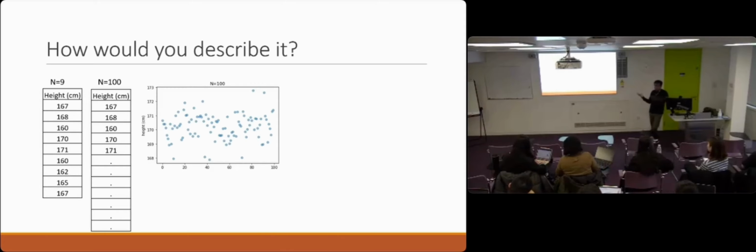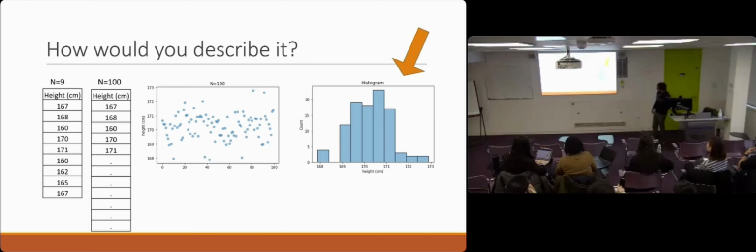So one thing is you just plot them, right? You can plot all the 100 numbers, and almost everything is visible here. What's the minimum, what's the maximum, where is something like the mean, something like that, right? Another plot is the histogram. You can plot a histogram, which gives you much more detail in a much more concise way. So a histogram shows, for every number, how many times it occurs in your data.